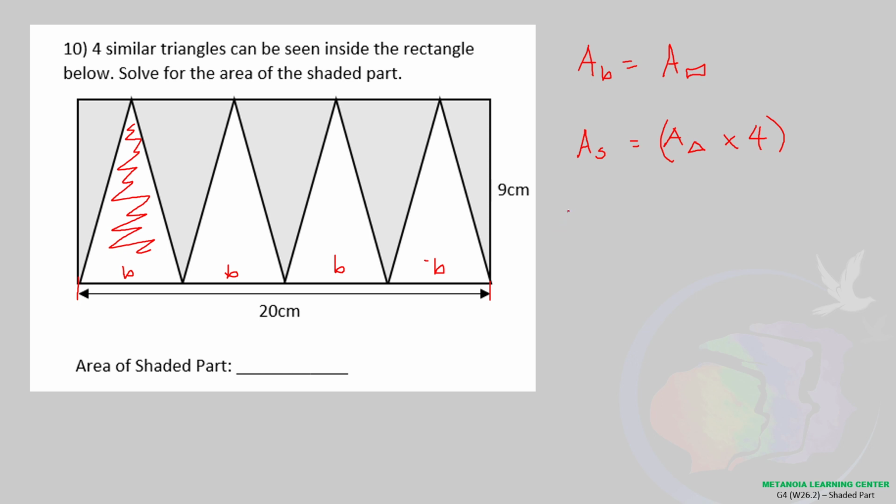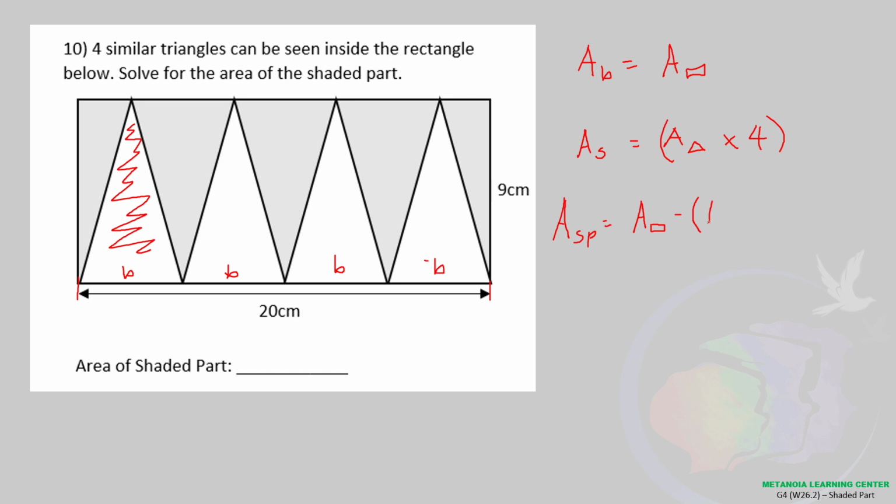In a better illustration, what you're trying to solve is the area of the shaded part. To solve for this, you first need the area of the rectangle. But since you have 4 similar triangles here, you need to subtract the sum of the areas of all 4 similar triangles.